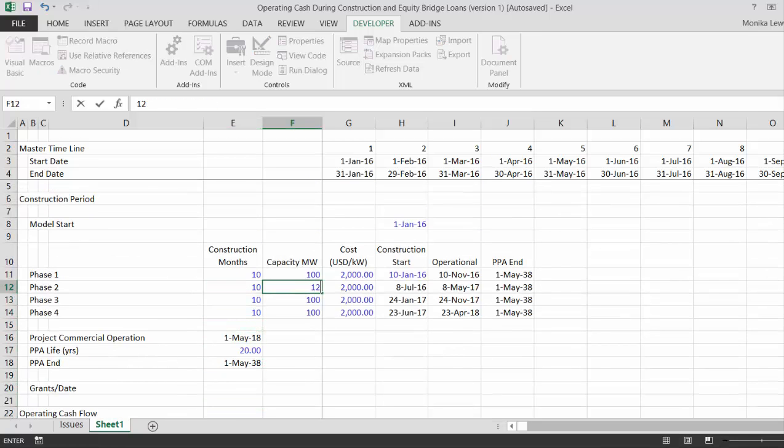Let's put this as 120, 130, and 80, and this is 2,100. Now 1900, 2100, maybe 210. Maybe the first one has some startup costs in it. 1950. This is smaller. We'll leave it as 2,000. Okay.